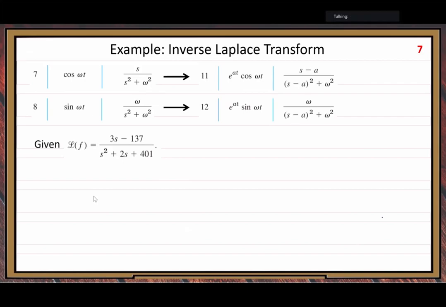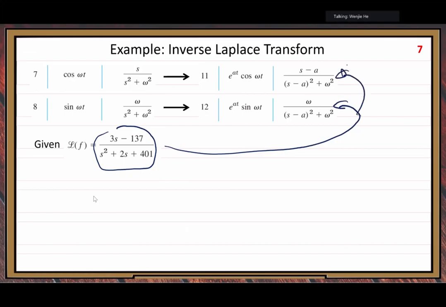Can you represent this expression using these two formulas? If you can, then you can apply formula number 11 and number 12.